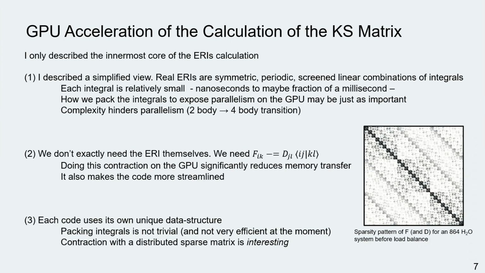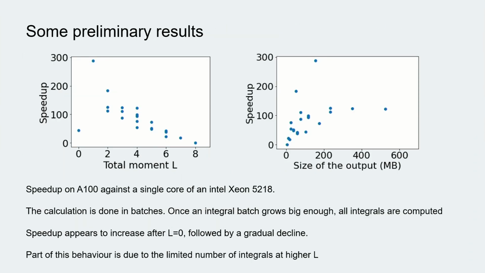So it's a problem to iterate over the integrals we need to do from the density matrix, and then of course the contraction with the sparse density matrix, and then into a sparse Fock matrix is an interesting problem on a GPU. There's quite a lot more about that, but that's for another time.